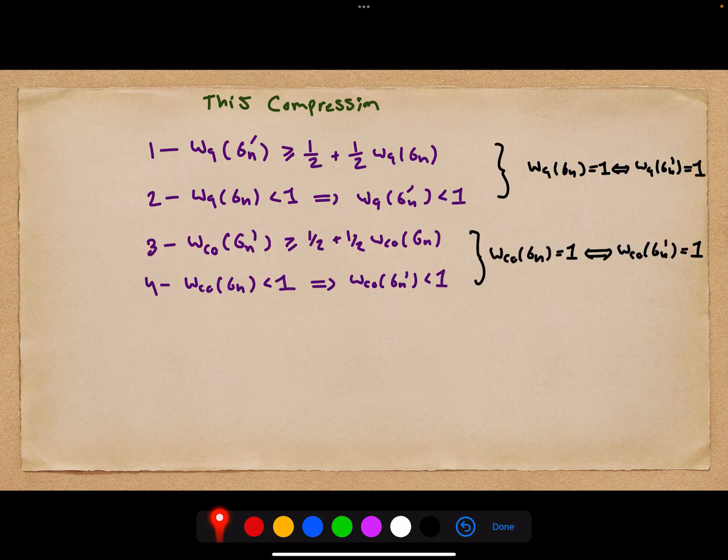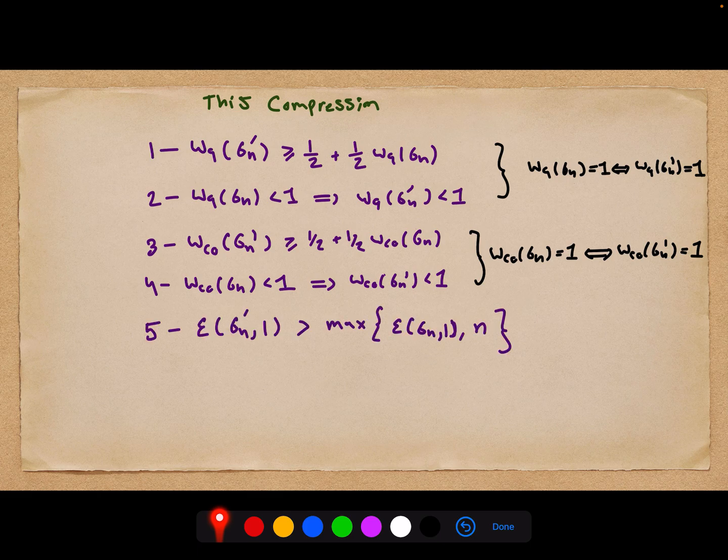So too, our compression guarantees that in a similar way, the commuting operator value is preserved. And finally, the amount of entanglement that's required to win the nth compressed game perfectly is lower bounded by the maximum of the entanglement that was required to win the original games perfectly and n. So these are the guarantees that we get from the compression theorem that we prove in our result.